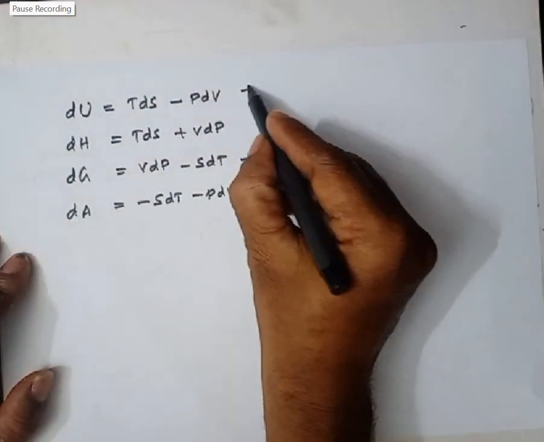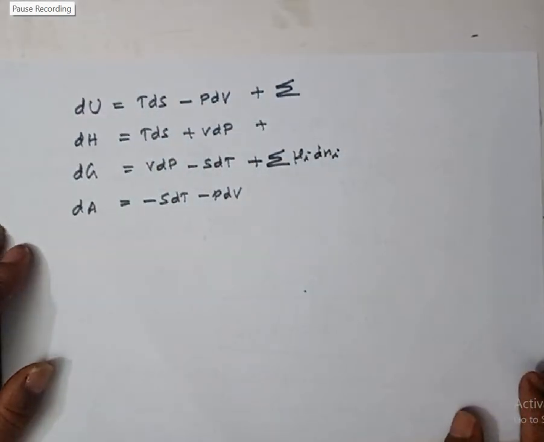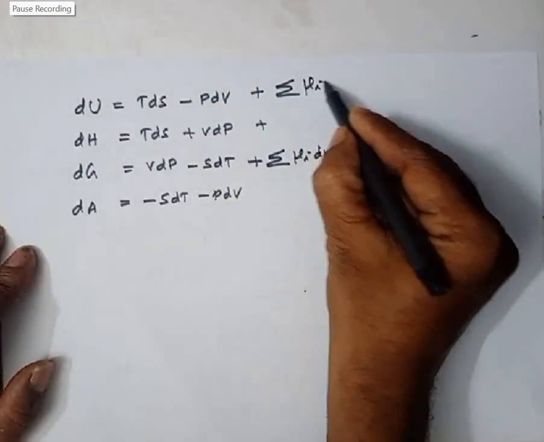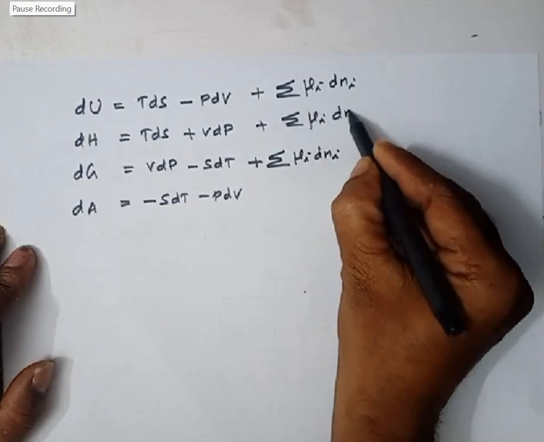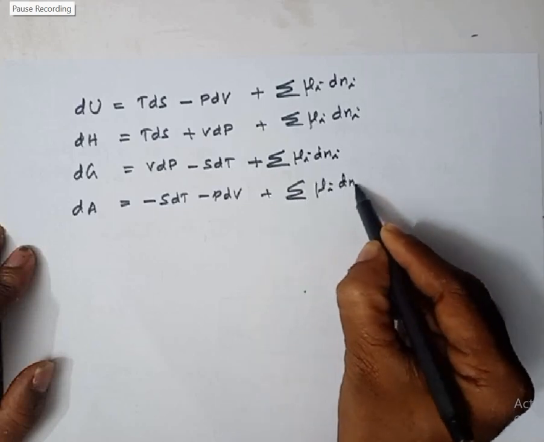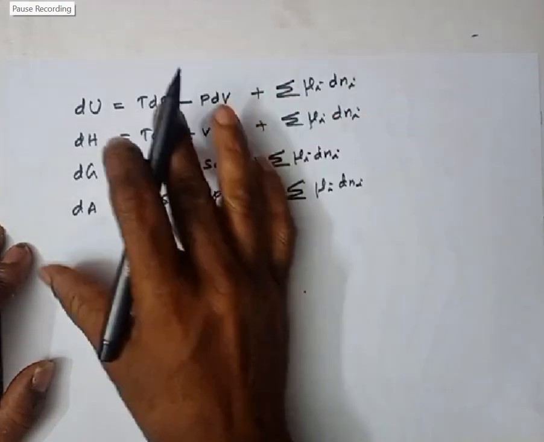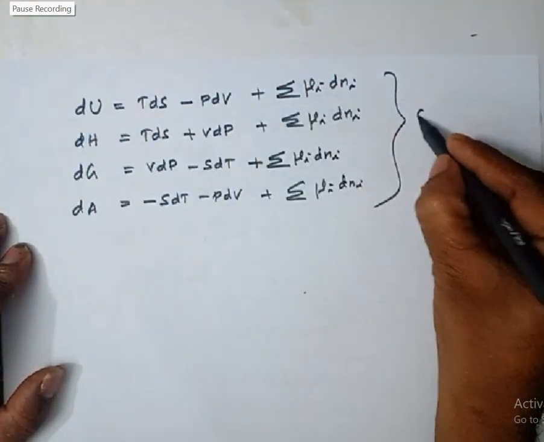Similarly, add that additional term for the other extensive properties. Here also summation mu i into dNi, and here also you add summation mu i into dNi. Now these are the four fundamental equations which are applicable for an open system.